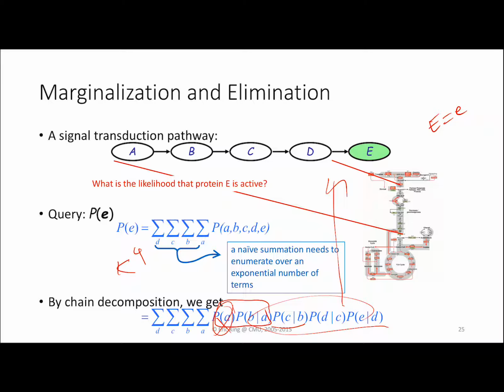So when you say start from E, E has different states. Let me call them E1 through EK, and one of them is observed. If I start from there, it means that the probability of that is 1 and the rest of them are 0. It's a very stupid summation. But yes, we can start from A, from D, or from E. E is a little bit degenerate. But let's choose one.